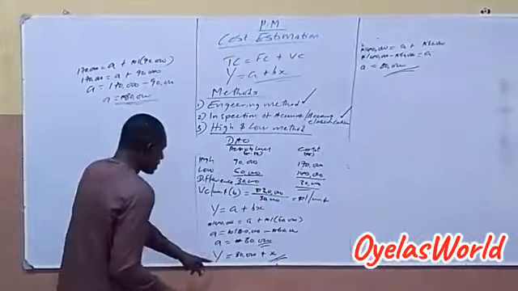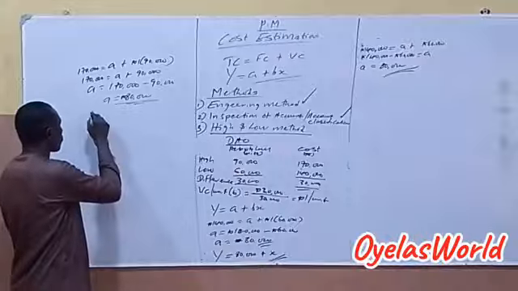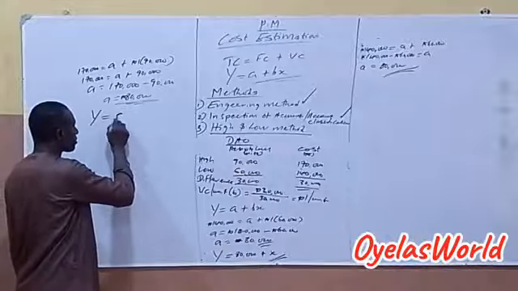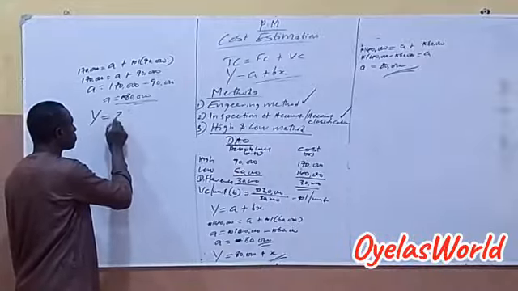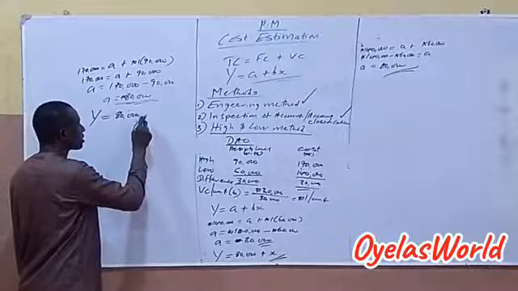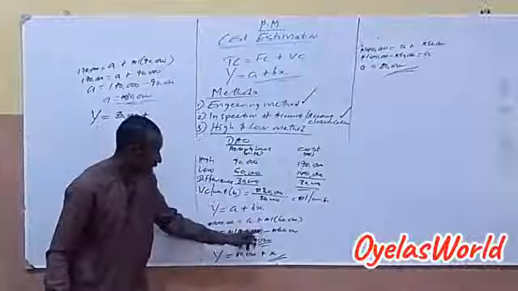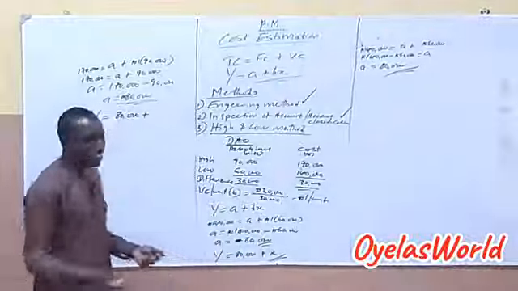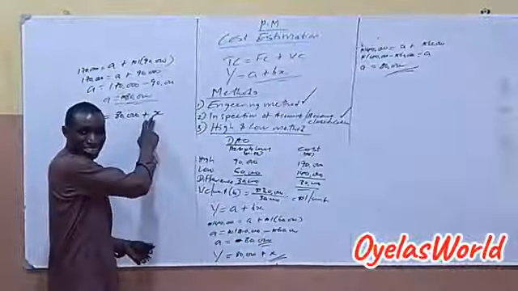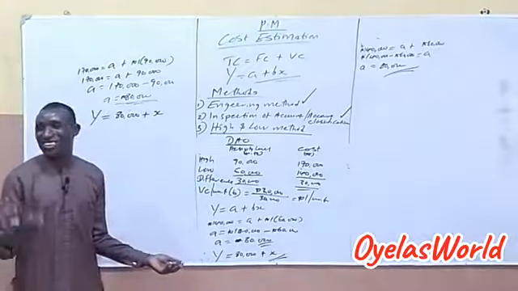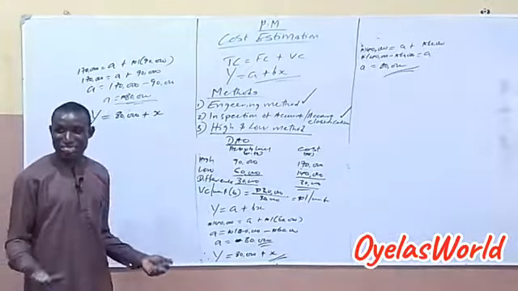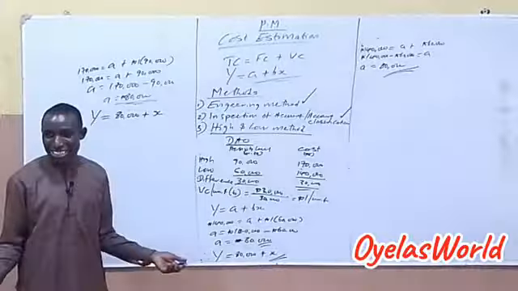We have seen that our y equals A, which is 80,000, plus 1x. You don't need to say 1x again, because it's 1x already.